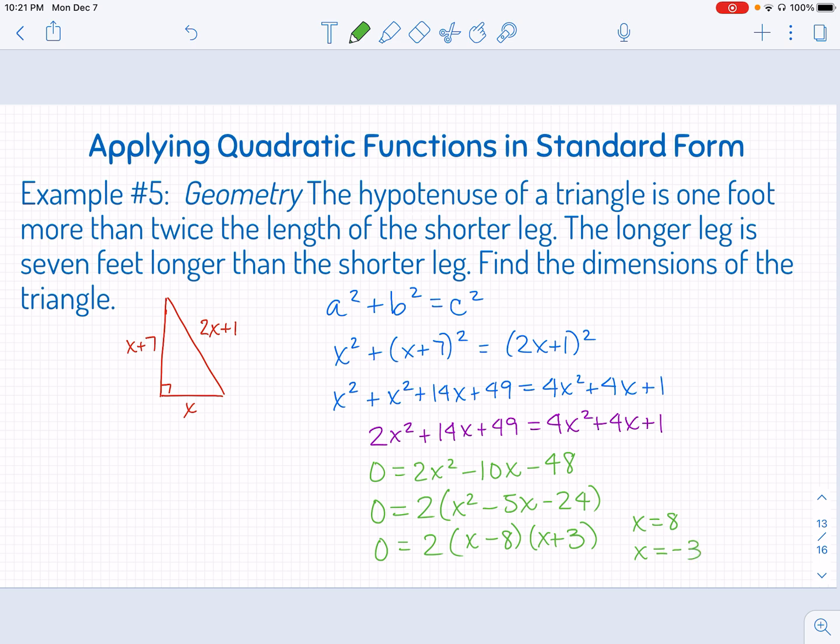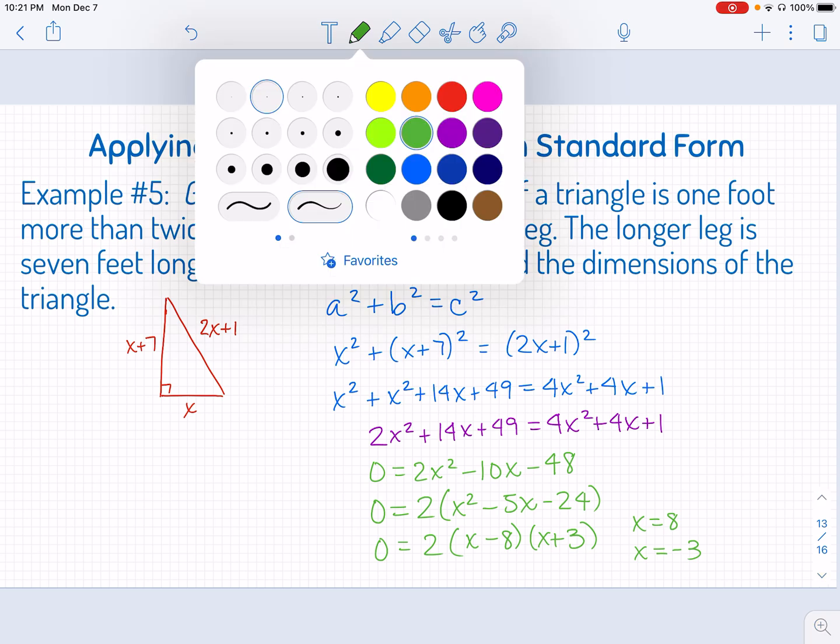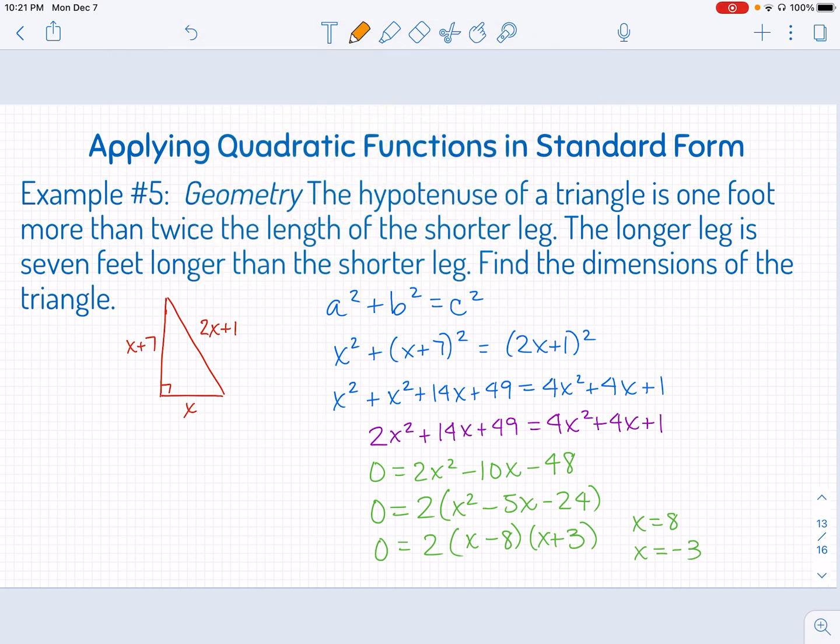Negative 3 does not seem like a good side length. I'm sure you can see that, especially those of you that have done any sort of geometry or building. So if x equals 8, that tells me this side is 8. It didn't give me any units of measure, so feet, inches, meters, I don't know.